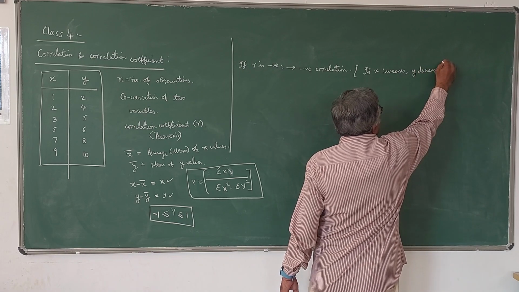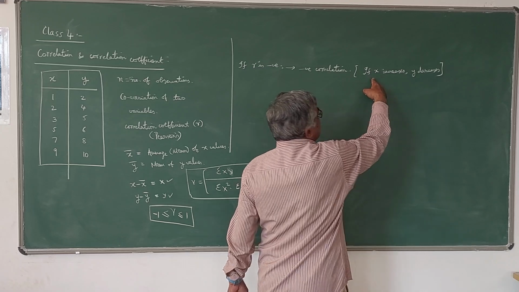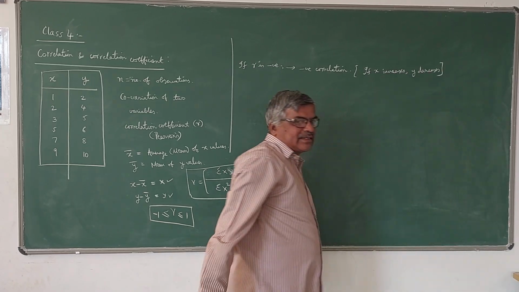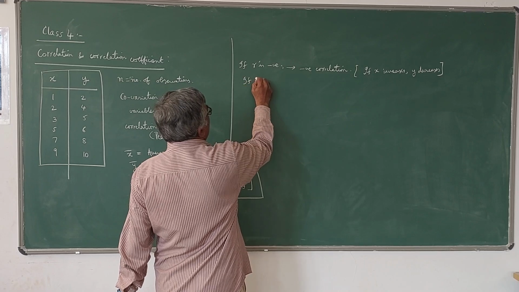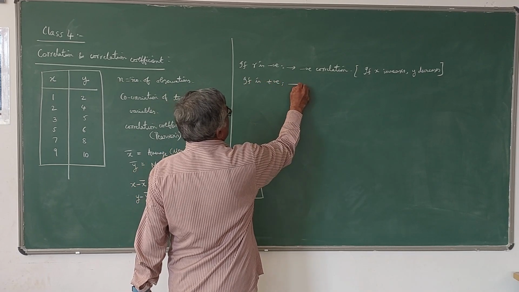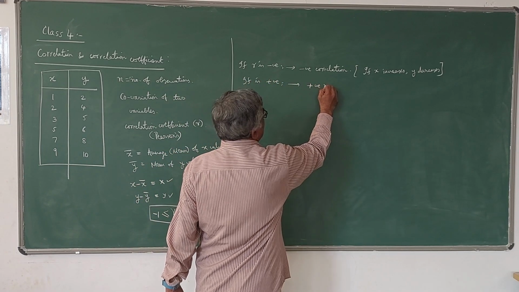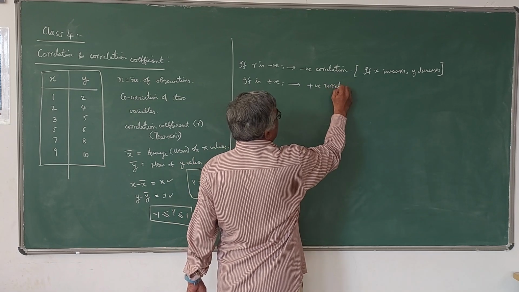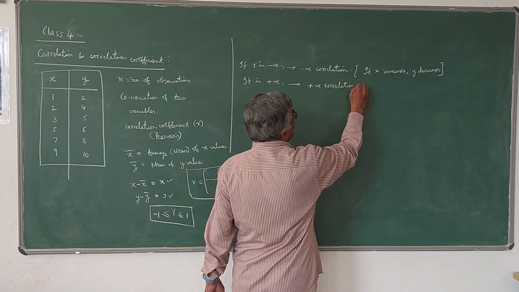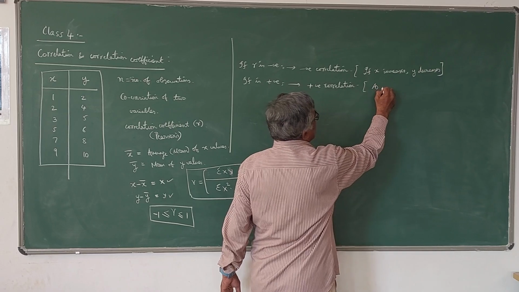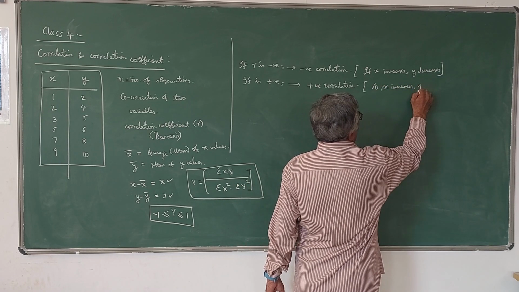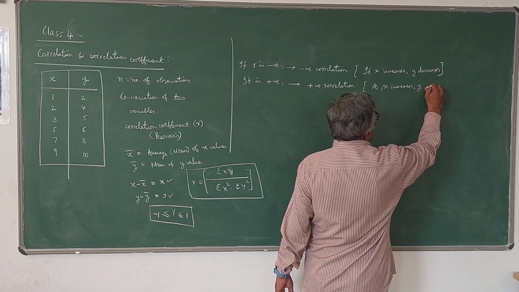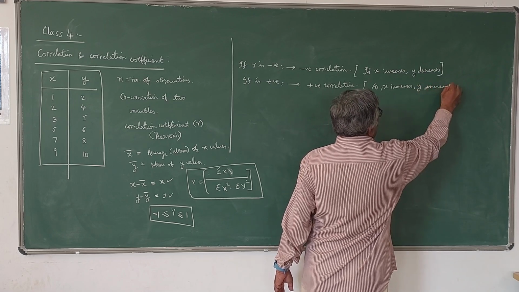That means if x decreases, y increases. That is significant. If r is positive, then it means positive correlation. Positive correlation means as x increases, y also increases. As x increases, y also will increase. This is called positive correlation.